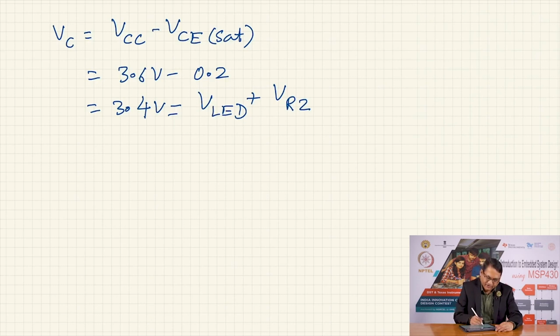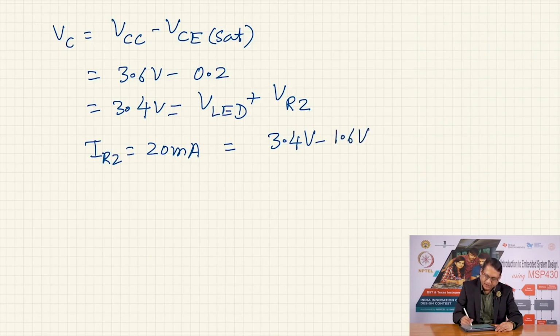And so, we can find out the value of the resistance based on the current that we need. Let us say we want 20 milliamperes. So, IR2 is equal to 20 milliampere, which is 3.4 volts minus VLED, say 1.6 volt, divided by R2.